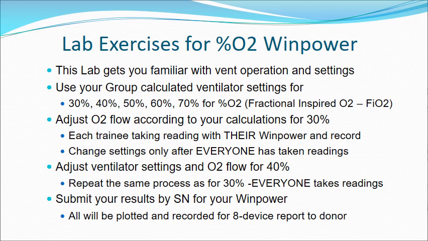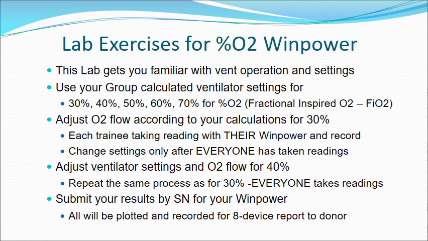Then when you're ready for the lab, you can replace that balloon with the wind power analyzer, and make sure that you connect the oxygen concentrator to the oxygen inlet, and then proceed with everything that's on this list.